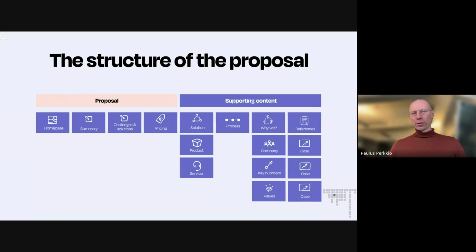Then all other content like product related, service related, process related, why to choose your solution, what kind of references you have, I really recommend to put those at the end of the proposal. So my recommendation is put the price in the first pages in the beginning of the proposal so that it's easy to find, and then extra content somewhere else.